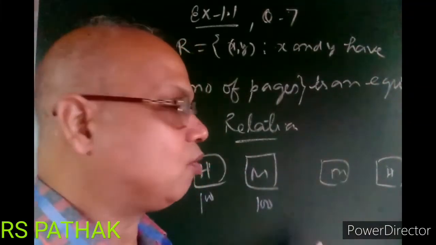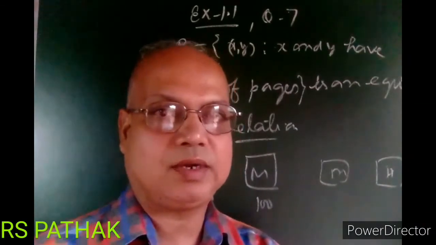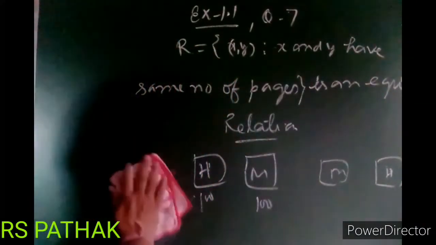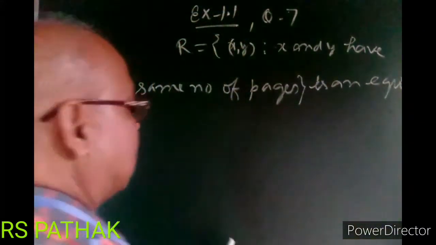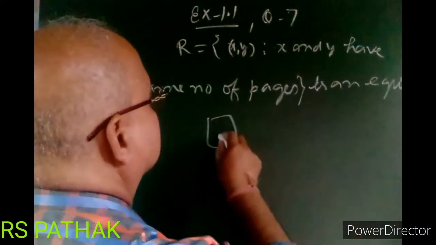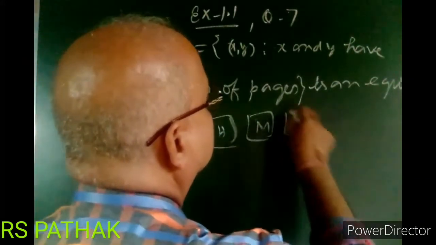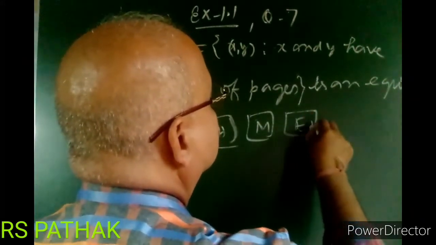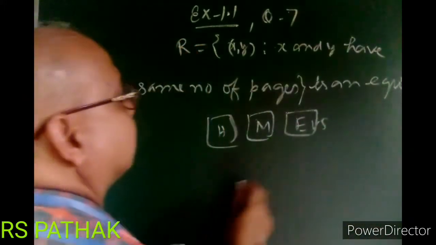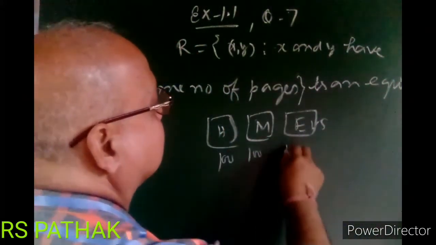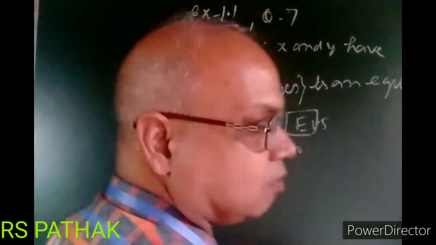Now I am going to prove the transitive relation. Transitive relation means what? Let us suppose I am taking three books: Hindi, math, EVS. This book has 100 pages, this book has 100 pages, this book also has 100 pages.